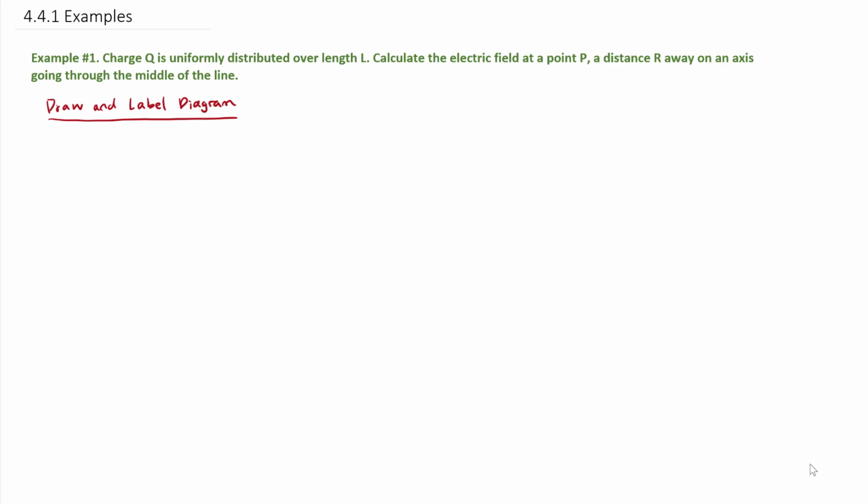Since so much of this involves being able to pick a coordinate system, pick an origin point, and also look at symmetry, being able to draw a really good diagram and being able to visualize this is extremely important. So what was given to us was something like this. We had the y-axis and also some sort of, let's just say, a thin straight rod that we can consider a line.